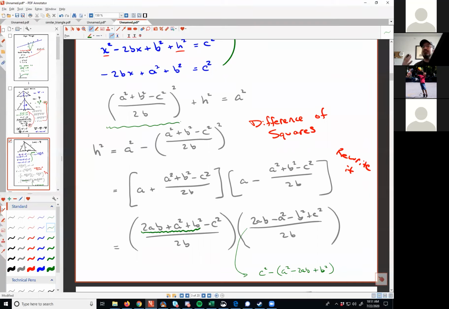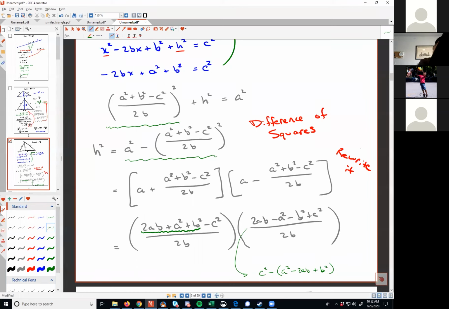Can I factor this in any way? We're always looking for ways to factor things in algebra. And we're dealing with a bunch of squares. And you know what? Monday in class, we did a difference of squares to help us find Pythagorean triples. So you see more and more differences of squares helping you operate.